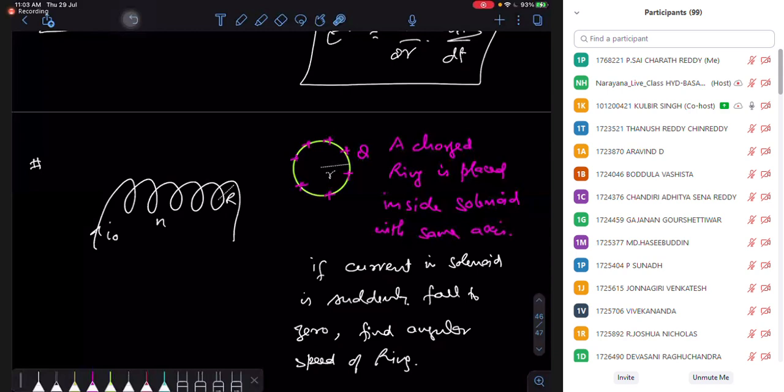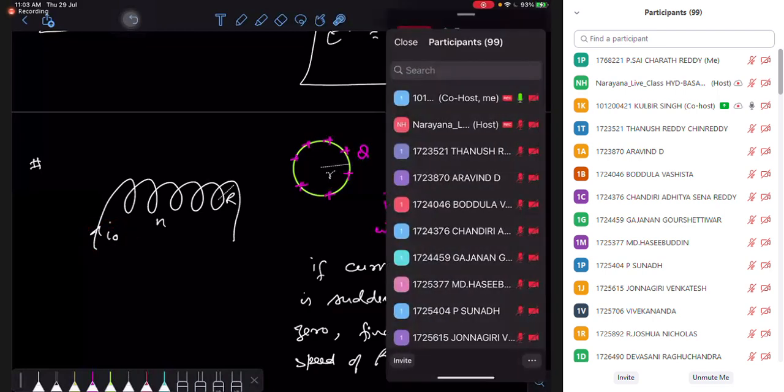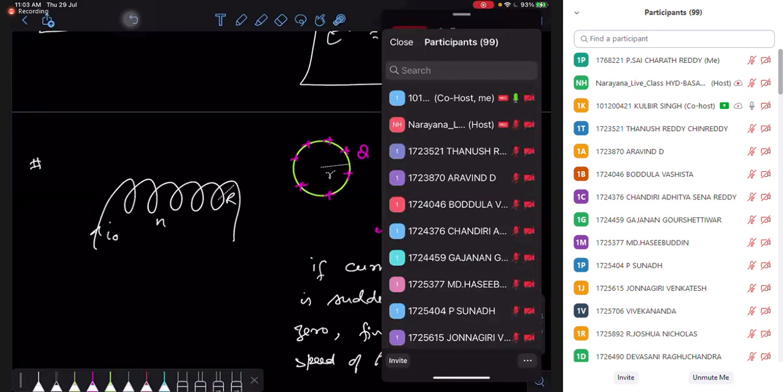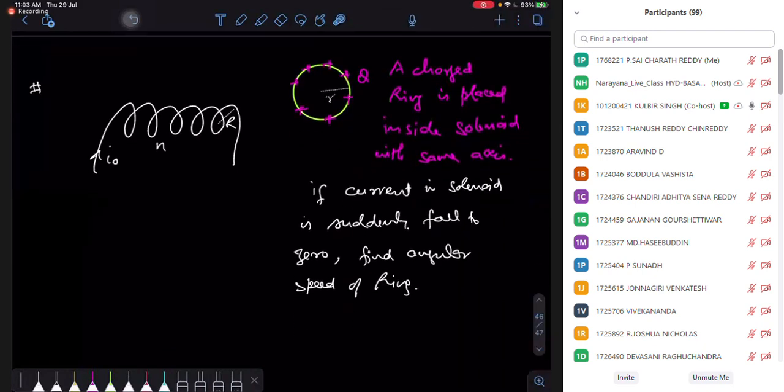It is not going to be stationary. No one is touching the ring, but it has begun to rotate just by changing the current. This is a very strange and interesting phenomenon. This chapter itself has a lot of strange phenomena. So why does this ring begin to rotate? First of all, we need to understand that.